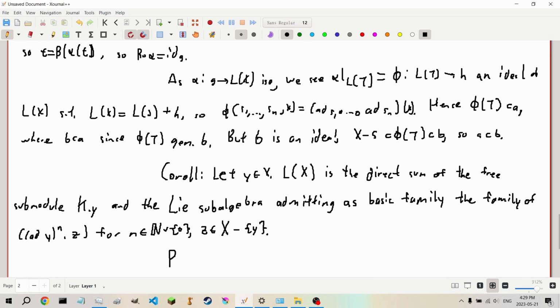The proof of this is very straightforward. From the above, when Rs is just y.